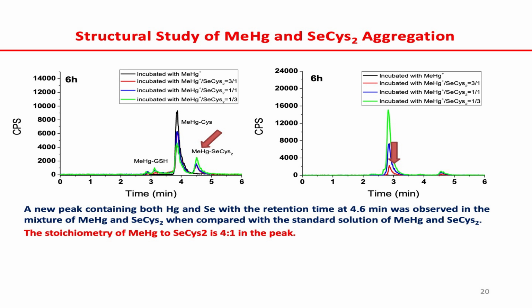And then we use the mercury and the cysteine as the target analyte to get the chromatograph like this. And we found the stoichiometry of methylmercury to the cysteine is 4:1 in the peak.